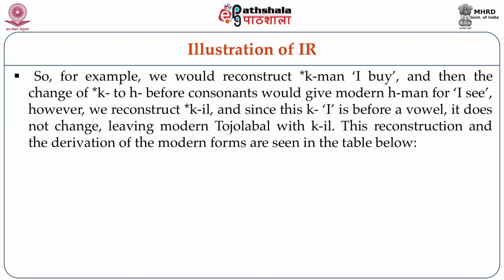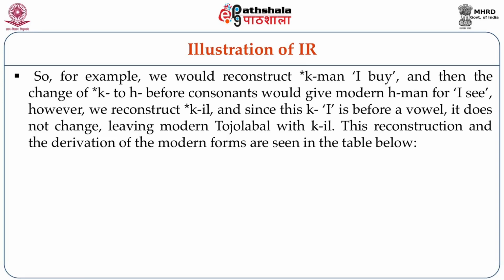So, for example, we would reconstruct ka-man, I by, and then the change of ka to ha before consonants would give modern Haman for I see. However, we reconstruct ka-il, and since this ka, that means I, is before a vowel, it does not change, leaving modern Tojolabal with kil.